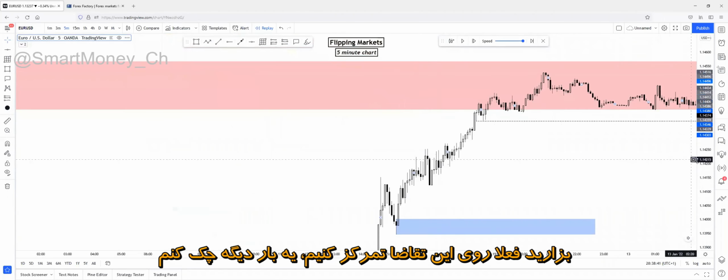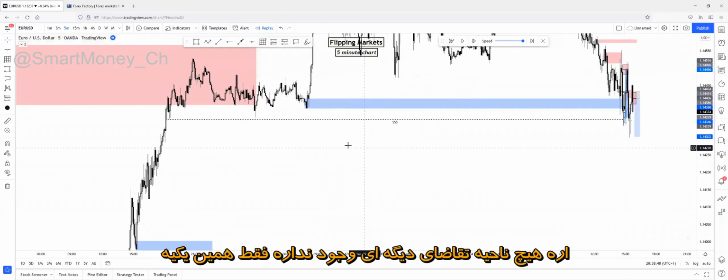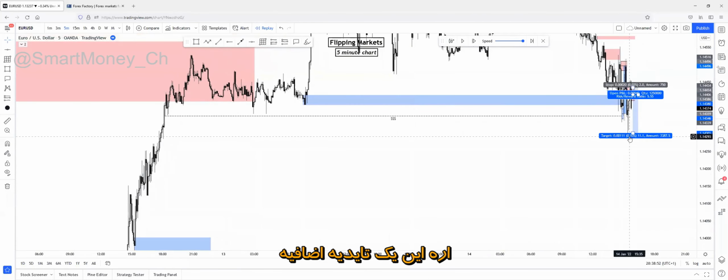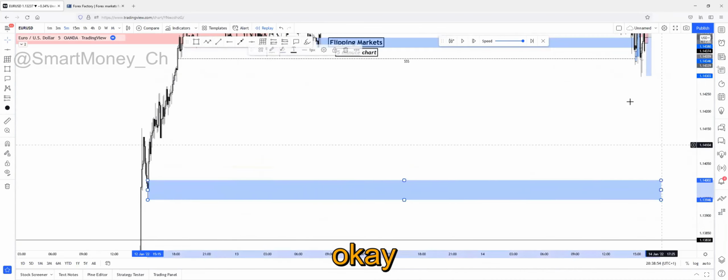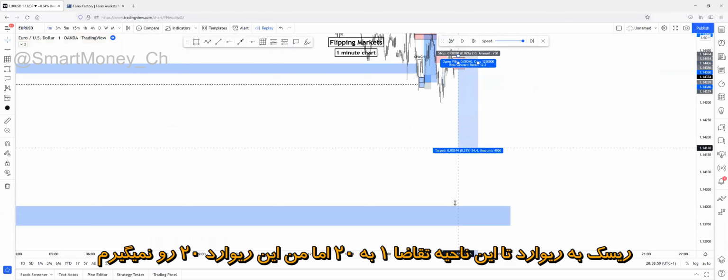Let me just double check again. Yeah, there are no other demand zones, only this one. But this one has already been mitigated, and that is an extra confirmation. This demand zone will be a 1-to-20 risk-reward ratio.